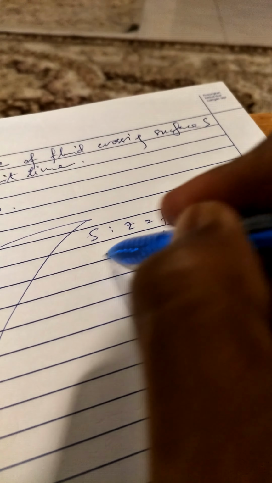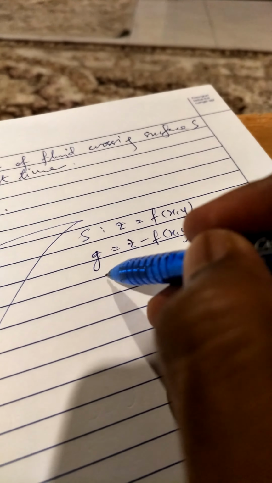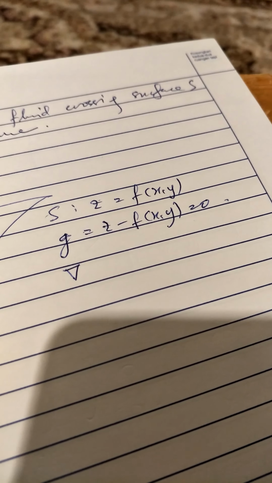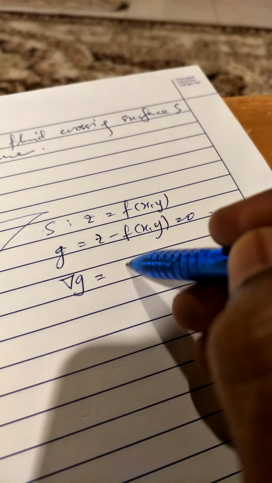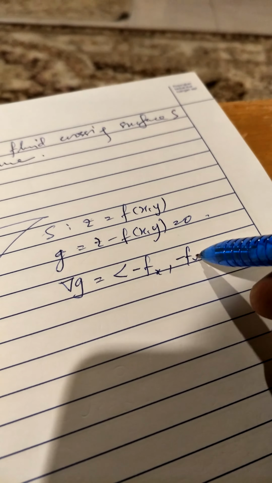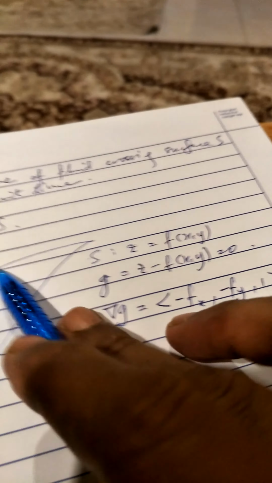If I give the name G to this, then if we apply the operator del to G, what we have is minus f_x, minus f_y, and 1. This del G is the normal.